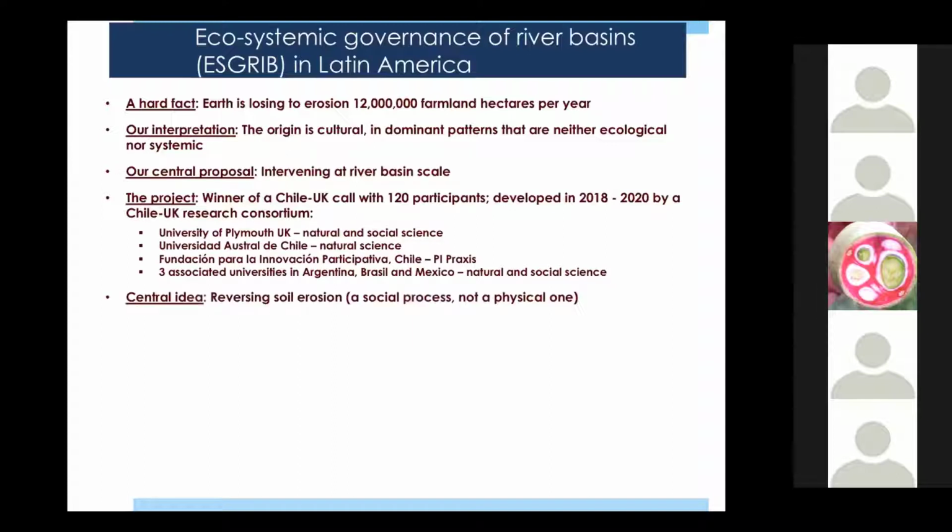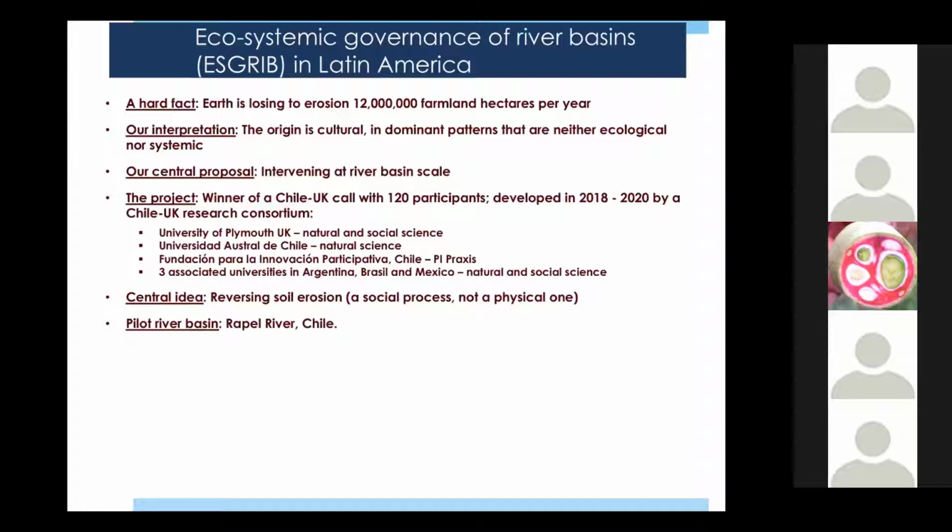The central idea is reversing soil erosion. Of course, soil erosion can be reversed as a physical process, second law of thermodynamics. But as a social process, it can, if culture is changed.